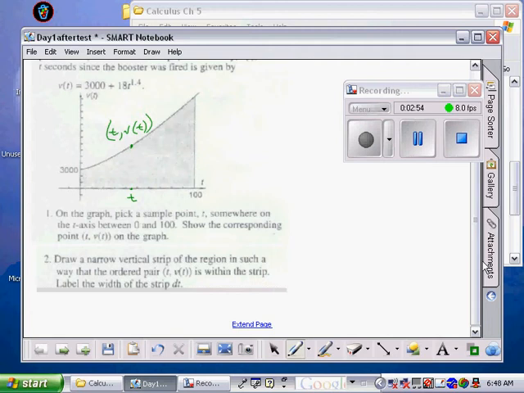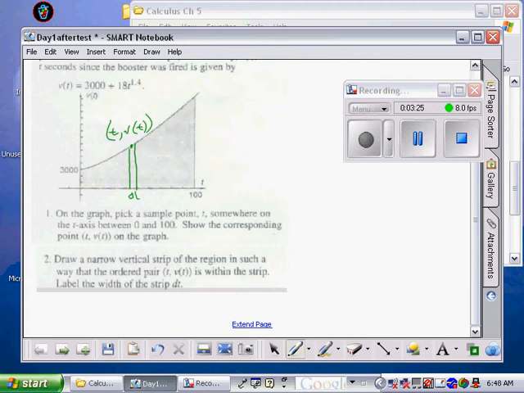Then, on number 2, you're supposed to draw a narrow vertical strip of the region in such a way that this point is inside of the strip. I may take this point off down here to give us room to label the dt, because we've got the point labeled up above. We're just going to take either side of this point and draw. You can't get very narrow because your pencil's fairly wide.